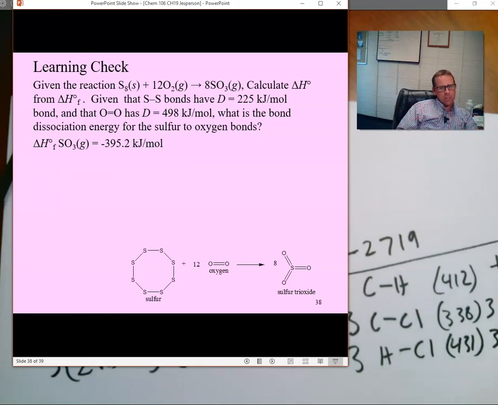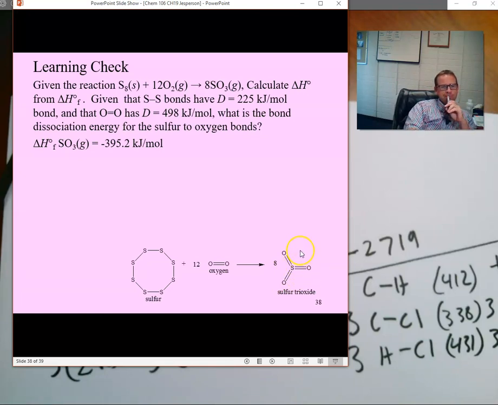We want to calculate delta H from delta H of formation if the S-S bonds have a bond energy of 225 kilojoules per mole. So that's my sulfur-sulfur bond. The oxygen-oxygen bond, the dissociation energy is 498 kilojoules per mole. And we want to know the bond dissociation energy for the sulfur-oxygen bonds. Okay, the sulfur-oxygen bonds.